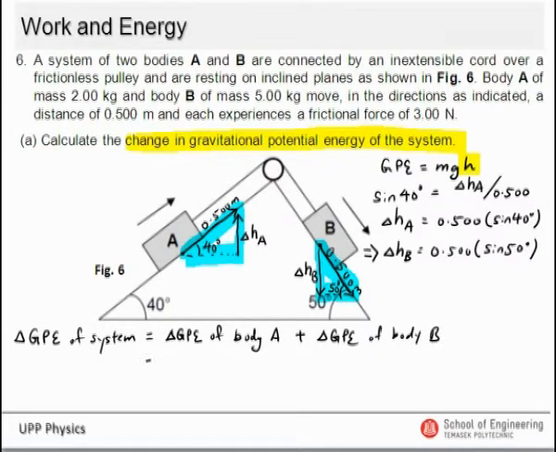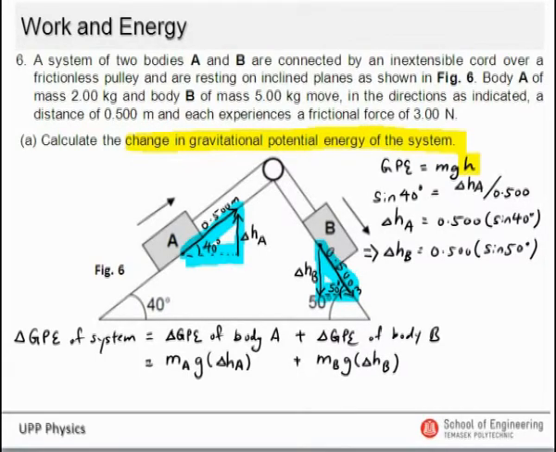Now, change in GPE of body A from the formula mgh, we put it as mA, mass of A, times g times the change in height for body A. The same goes for body B. So we'll write it as mB g, change in height for body B.